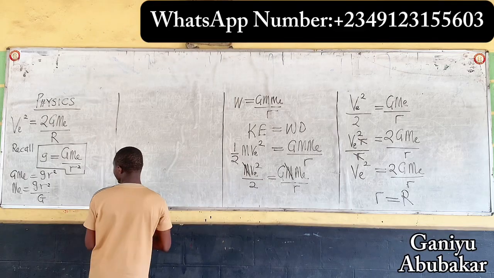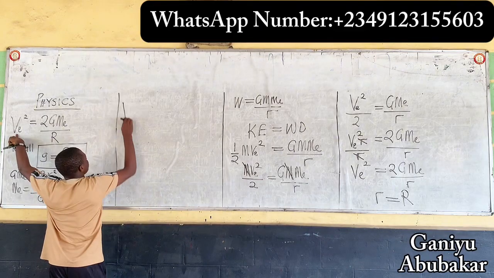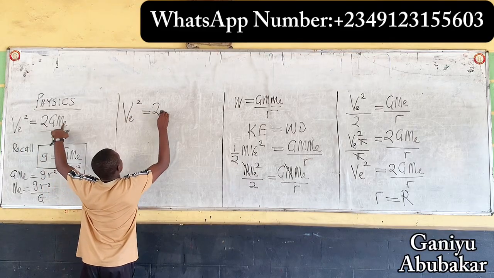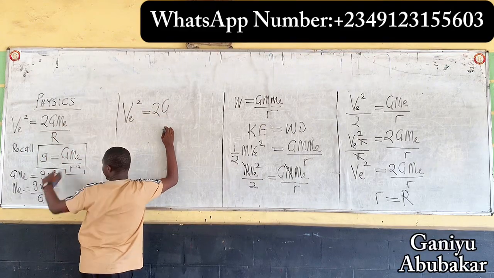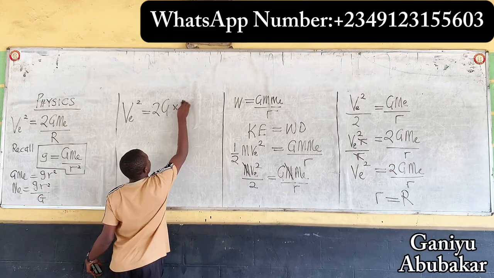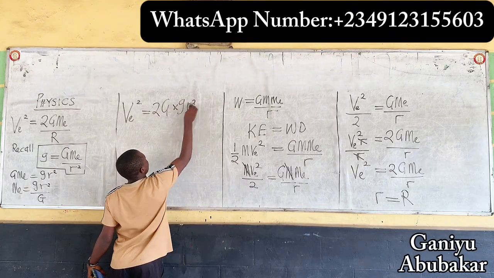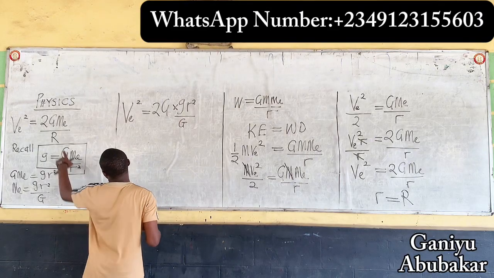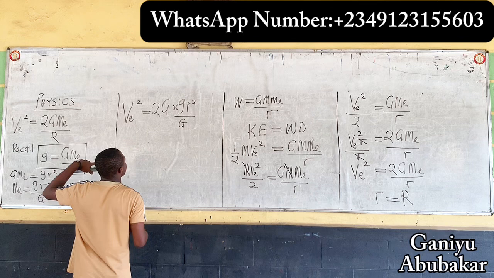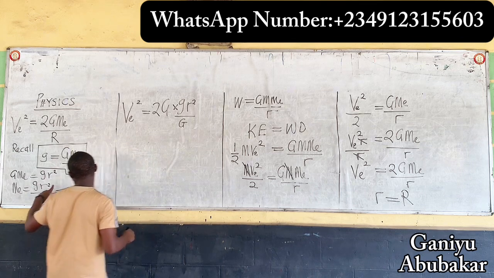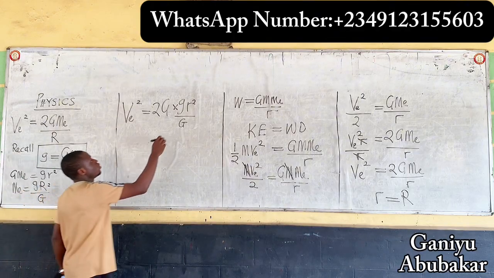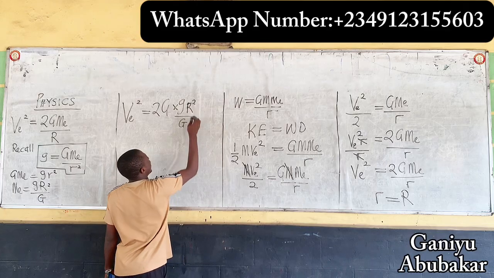Now from here, I'll have that Ve squared is equal to 2, then G, what's Me? Me is what? Times gR squared over capital G. That's Me, right? All over R. In this case, our R here should not be small r, should not be capital R, because we have already established that concept here. So capital R here, capital R here.